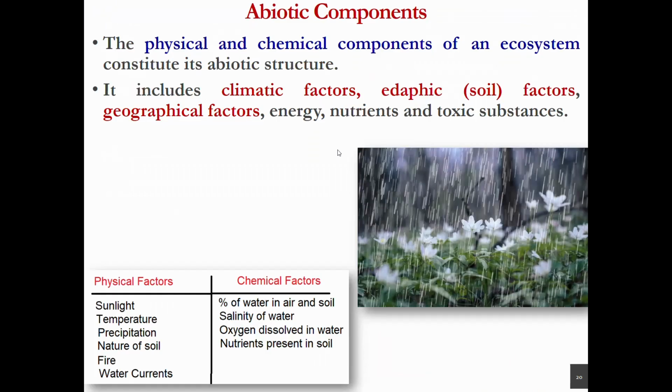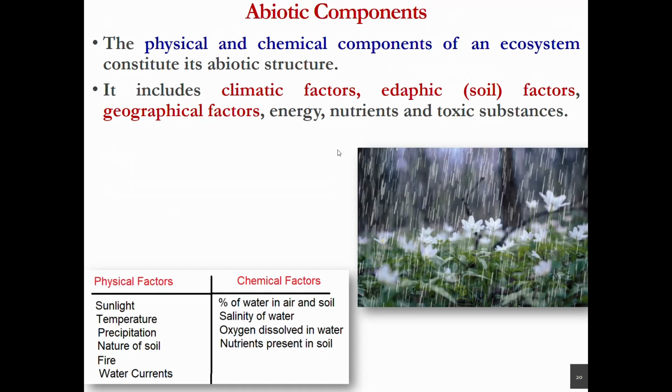The next is the abiotic components. These are climatic factors, adaptive factors and geographical factors, which are nothing but energy, nutrition, and toxic substances. We can further classify these into physical and chemical factors. Examples of physical factors are sunlight, temperature, precipitation, nature of soil, fire and water.